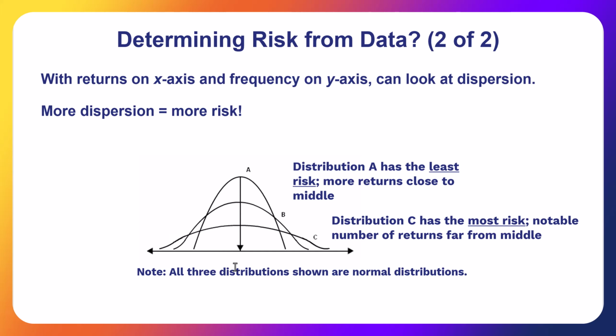So again, as you can see here, A has a narrower distribution and a higher mean, right? C has a much wider distribution. This means that there are more potential outcomes. That is a greater variability or risk.